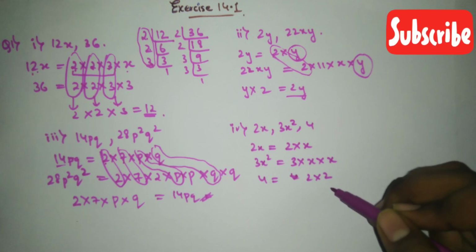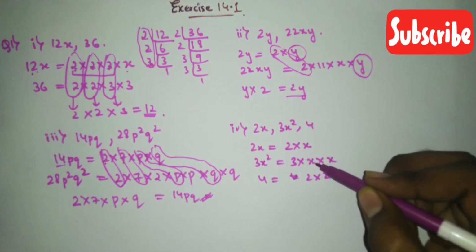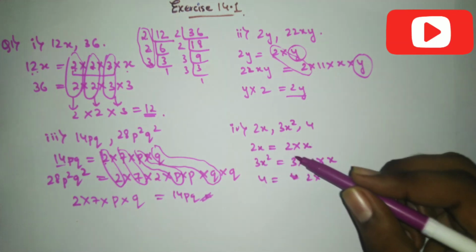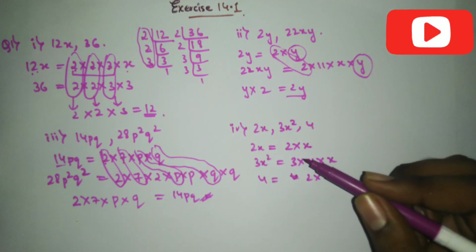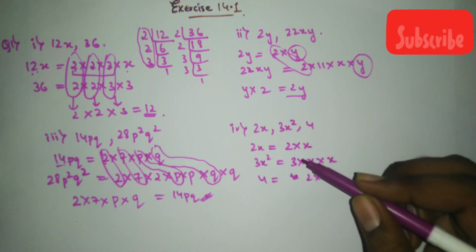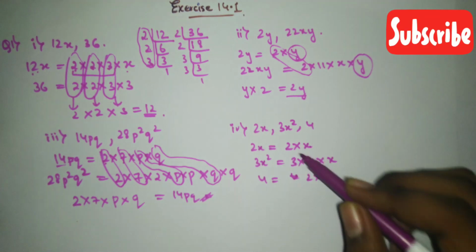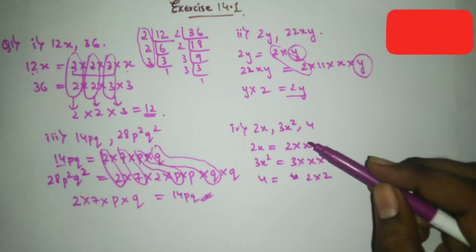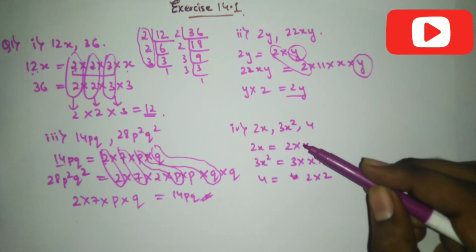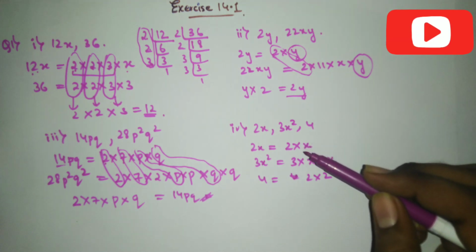Here x is common between the first two terms, but we need to find the common factors among all three terms. That is the important thing.